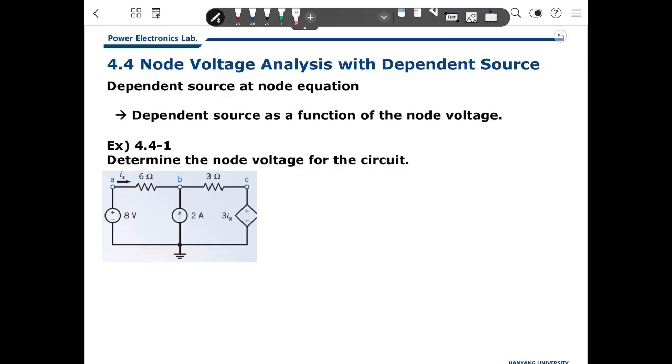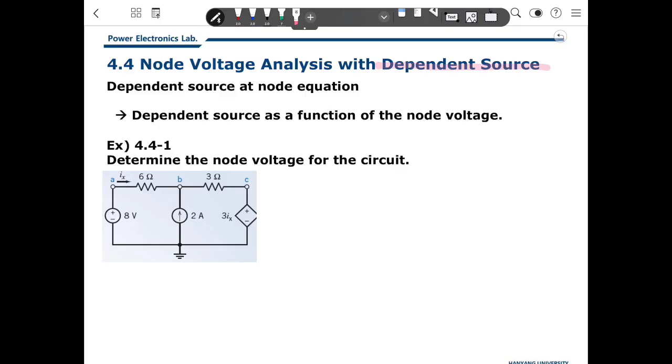Next is chapter 4, node voltage analysis with dependent sources. Until now, we have discussed how to make node voltage equations, especially if there are several independent sources, in which case we can use a supernode. The reason we use node voltage equations is that we need to specify whether each element is voltage or current.